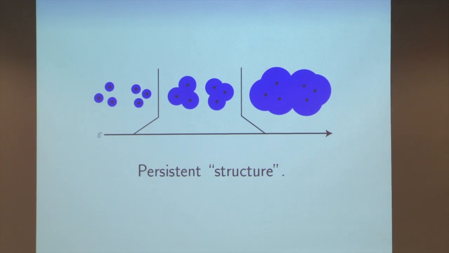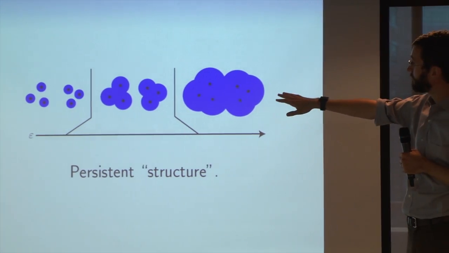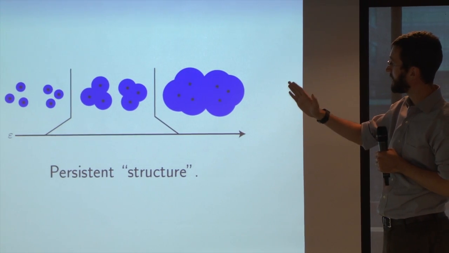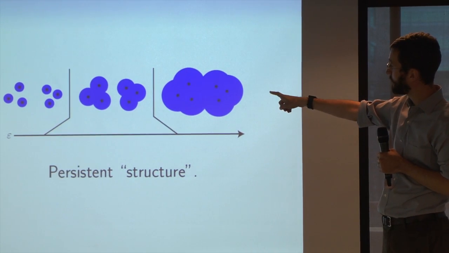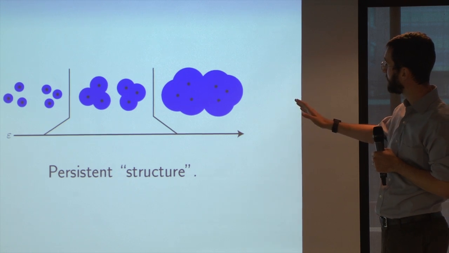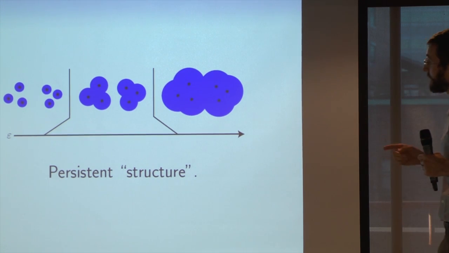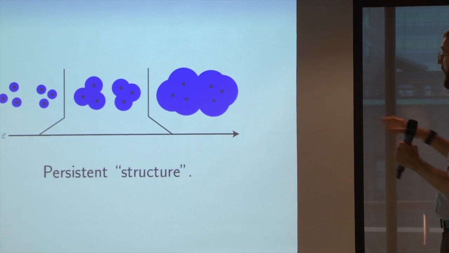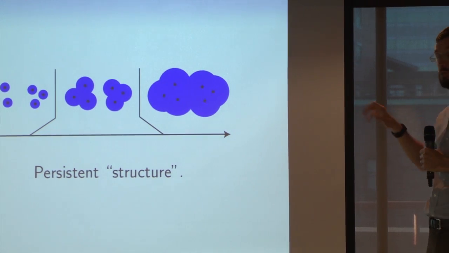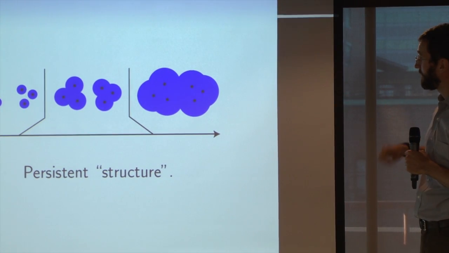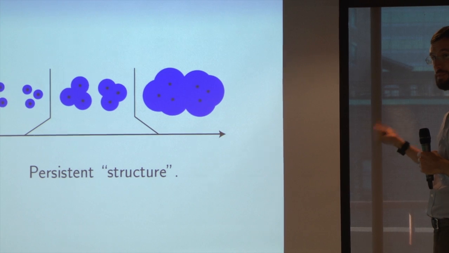But now what we can do, if we're willing to do this, is look at how the structure changes. So we start off with 6 points, and then when epsilon gets to a certain stage, we switch to just 2, and then later on, we get back to 1. And if there was a large gap where it was exactly 2 blobs, then we would say, okay, that must be significant, right?